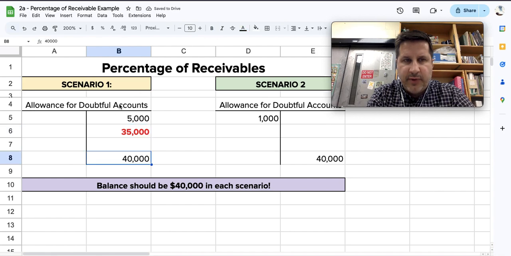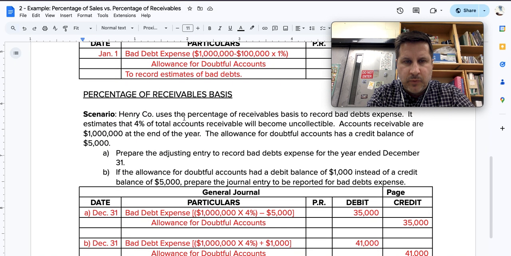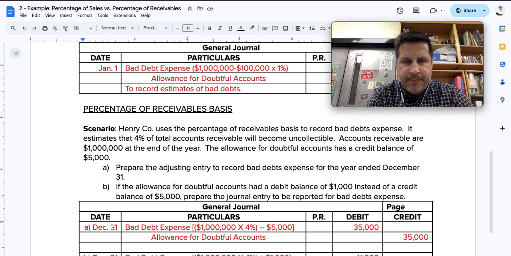So we are going to credit allowance for doubtful accounts $35,000. So here's your scenario. Bad debt expense, when we do our calculation, is short $35,000. So we're going to do a bad debt expense of $35,000, and then an allowance for doubtful accounts of $35,000 as well. And that's going to balance out. We want that to be recognized because we're probably not going to collect that based on previous business transactions.